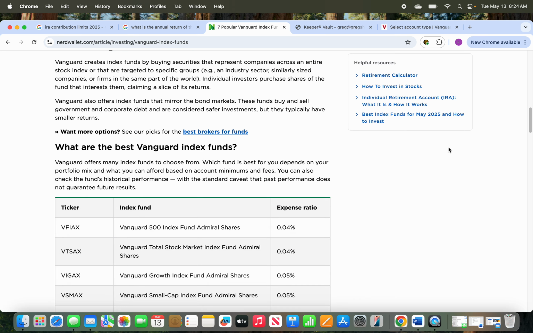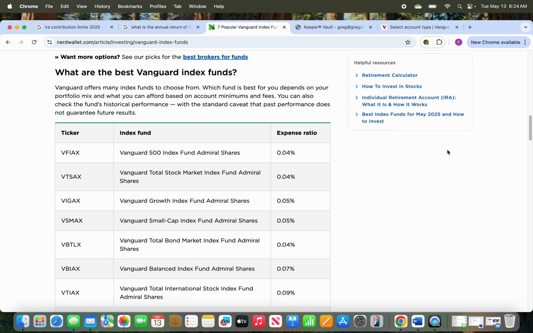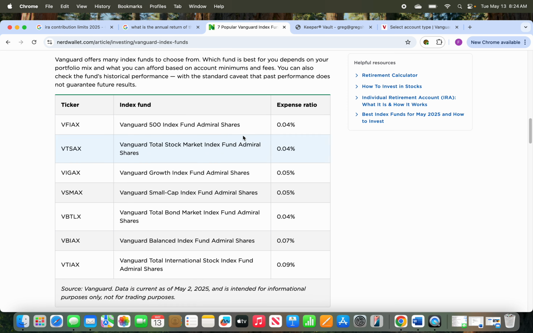They have different things that they track, but I want to bring you down to this area right in here where you can see the differences in these funds. So this is the 500 index fund Admiral shares. Now, at Vanguard, the Admiral shares, you typically have a lower expense ratio, but it does cost more to get into the fund. So that's something to keep in mind.